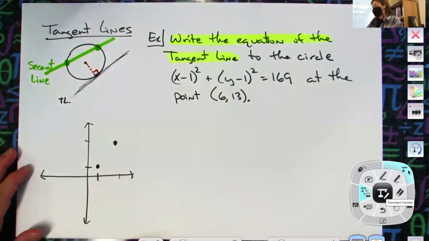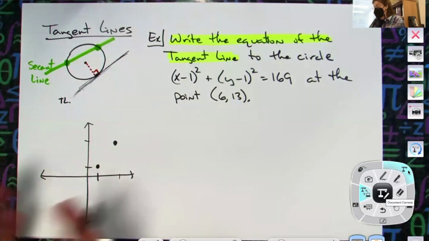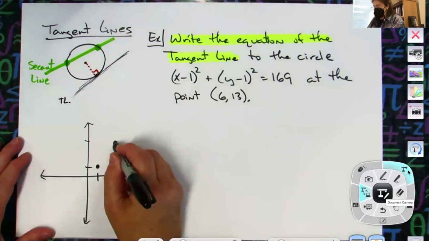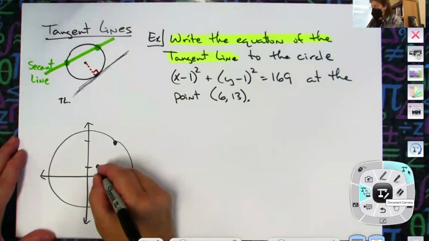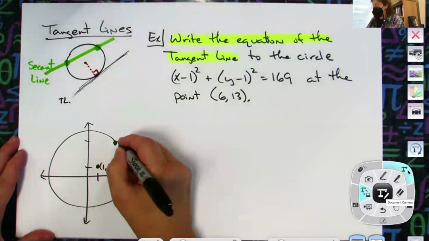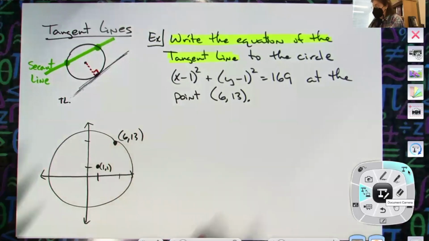So there's my point, rough estimate here. An attempt to circle there. We're going to label this one (1, 1), and we're going to label this one (6, 13).